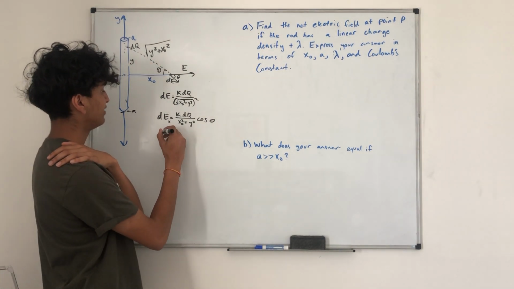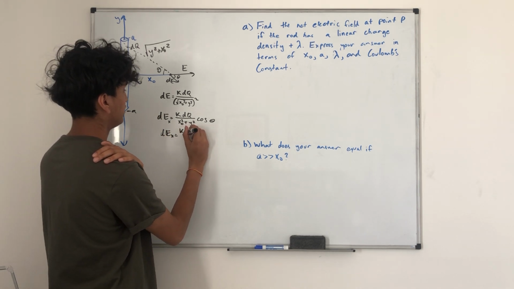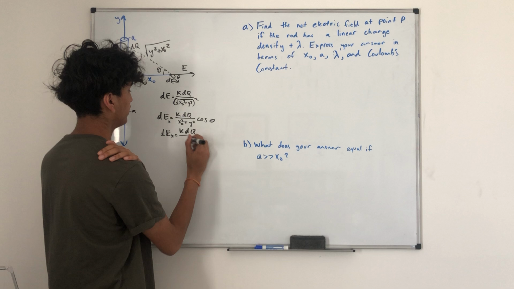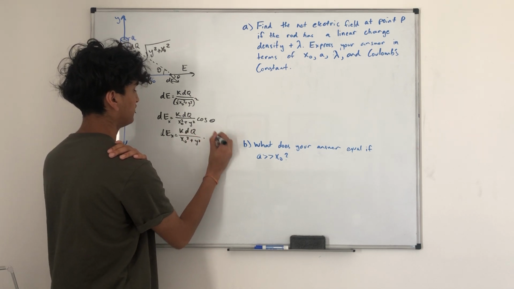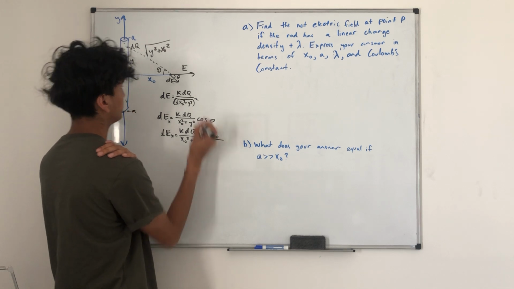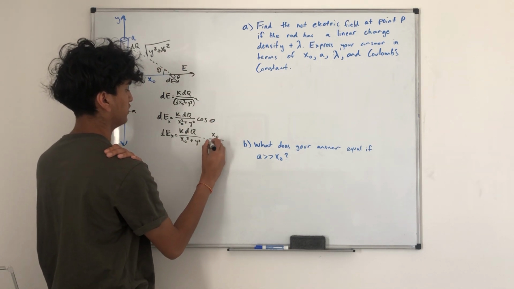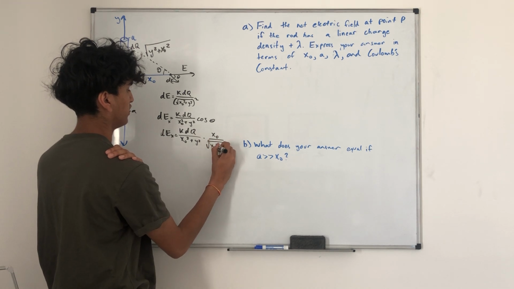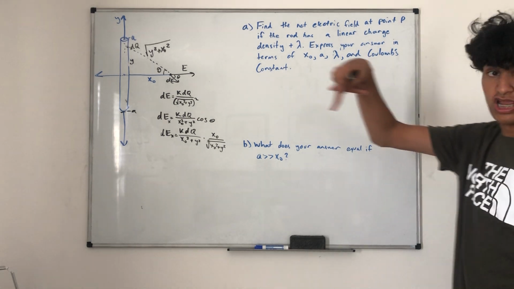So I would say that dEx is equal to k dq over x naught squared plus y squared, times x naught over the hypotenuse, which is the square root of x naught squared plus y squared. In this expression, we have two changing variables.